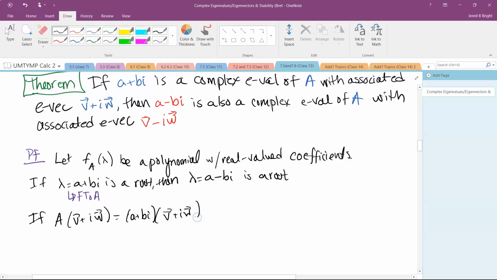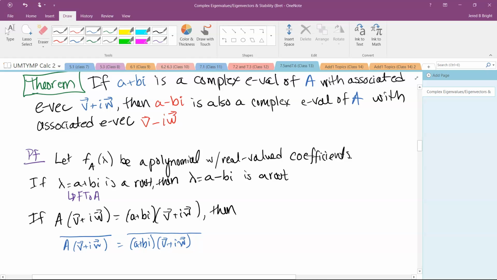Okay, this is the definition, right? Then what I can do is apply the complex conjugate to both sides. So this would be the conjugate of A times v plus iw, is equal to the conjugate of a plus bi times v plus iw.